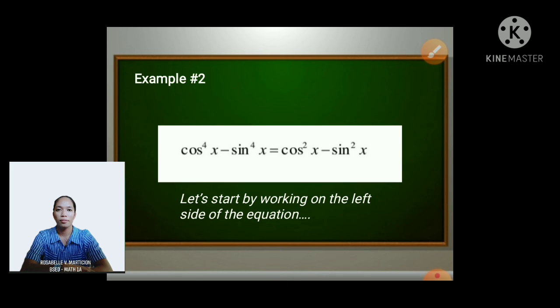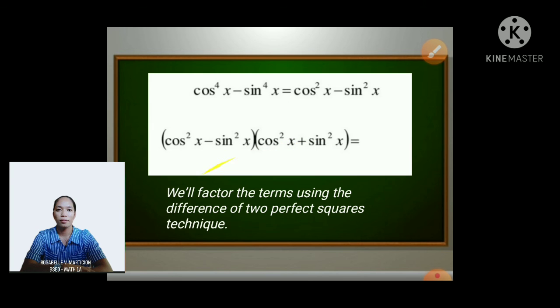Another example: cos to the power of 4 x minus sine to the power of 4 x is equal to cos squared x minus sine squared x. Let's start by working on the left side of the equation.